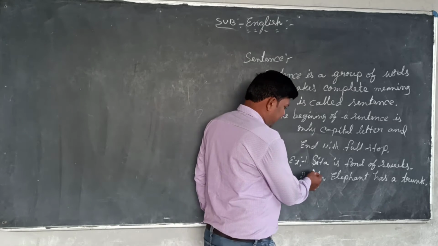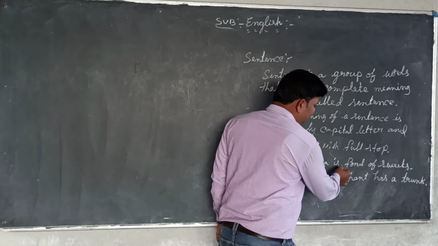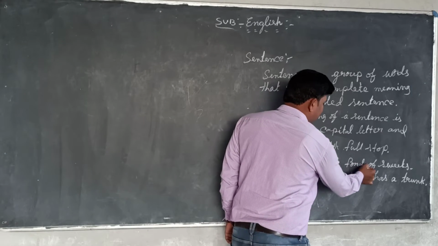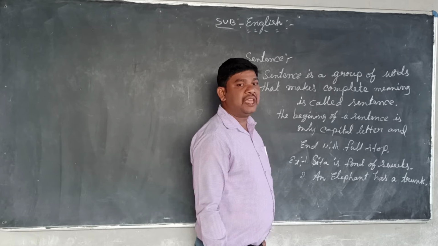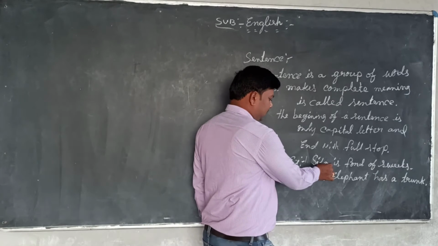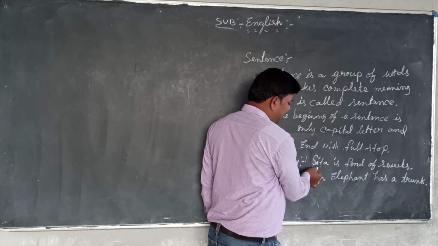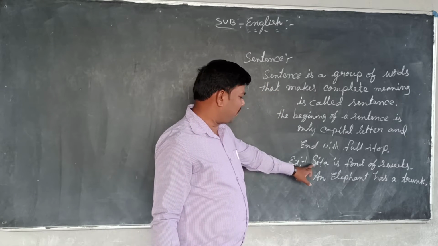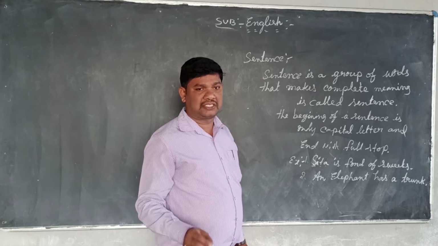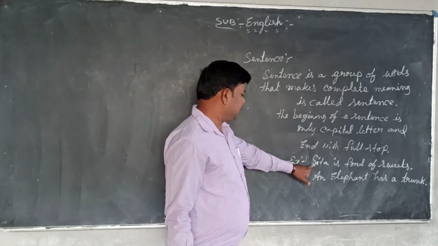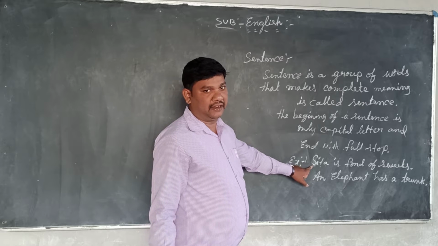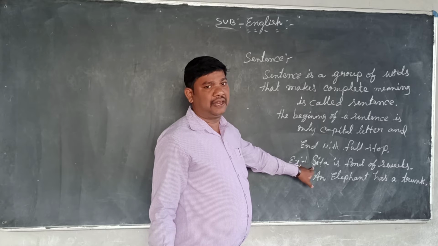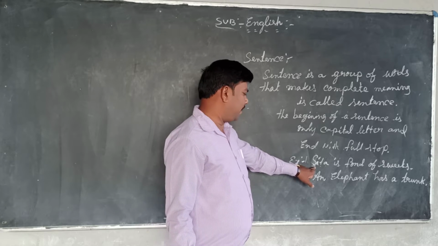So what I wrote here on the board, the first one is Sita is fond of sweets. It is a group of words and also it gives a complete meaning, so that's why this is a sentence. And also what I told, the sentence begins with a capital letter. What is the beginning letter of the first sentence? S. So S is a capital letter I write here. Why? Because this is a sentence. The beginning of your sentence, capital letter.